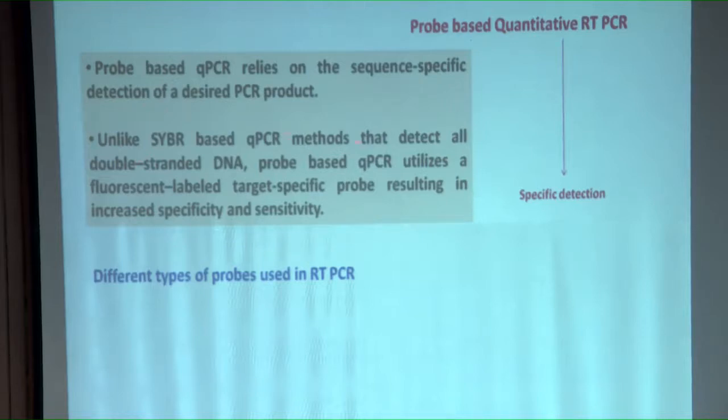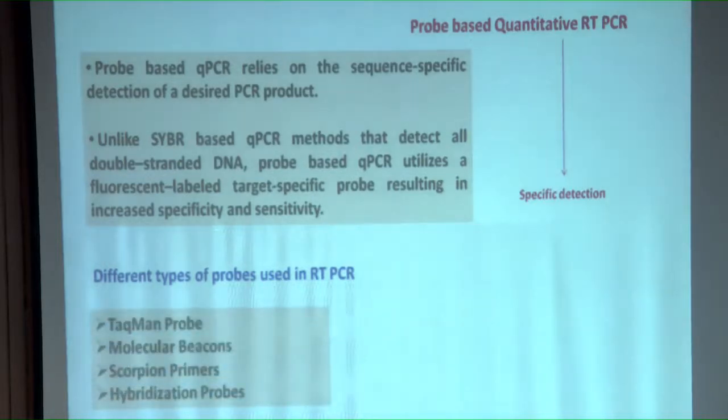Unlike the SYBR Green-based qPCR method that detects all double-stranded DNA irrespective of the target, the probe-based qPCR utilizes a probe that you decorate by adding some chemicals. You label the probe using a fluorescent chemical, also called a fluorophore, right? The probe is now decorated with a fluorophore and it is a target-specific probe, resulting in increased specificity and sensitivity. Let's see how it really works.